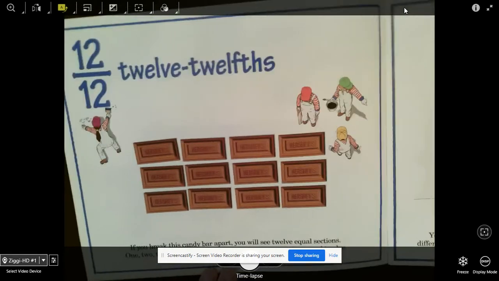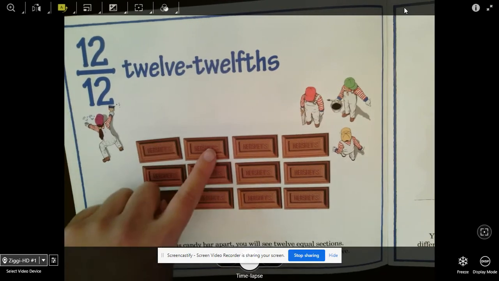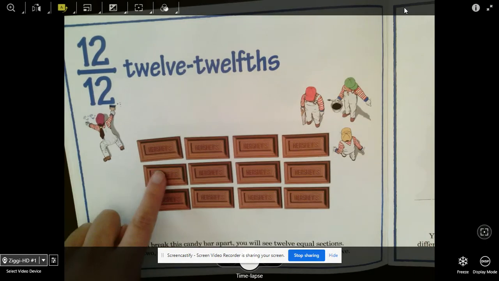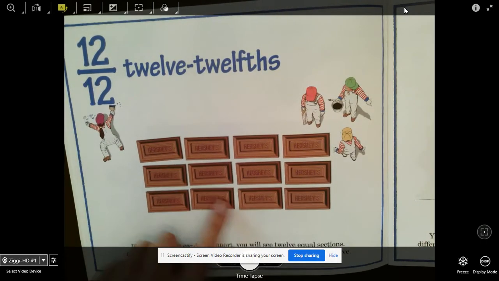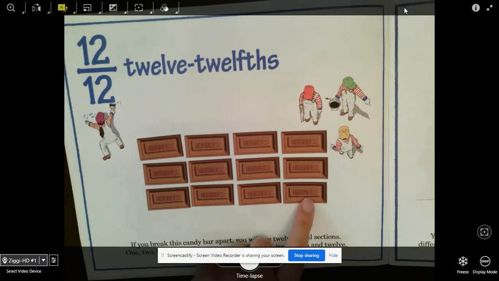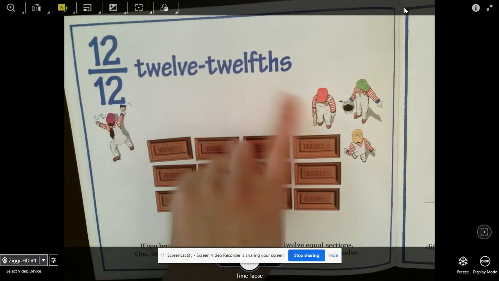If you break this candy bar apart, you will see 12 equal sections. 1, 2, 3, 4, 5, 6, 7, 8, 9, 10, 11, and 12. 12 out of 12. There's 12 twelfths.